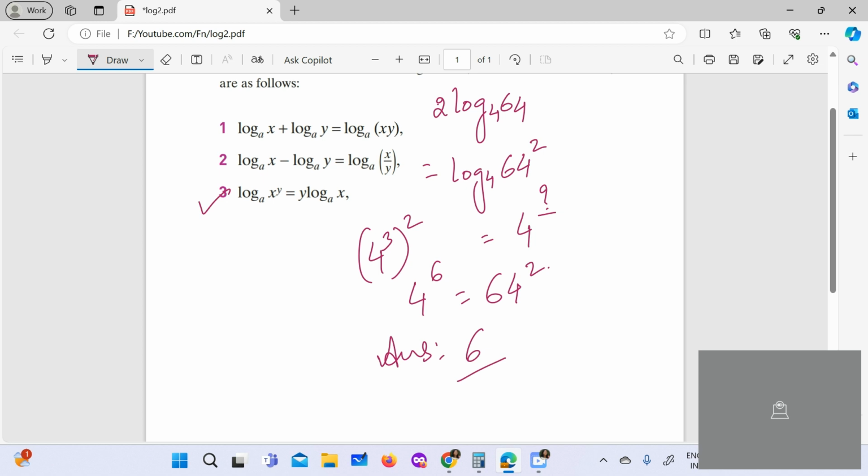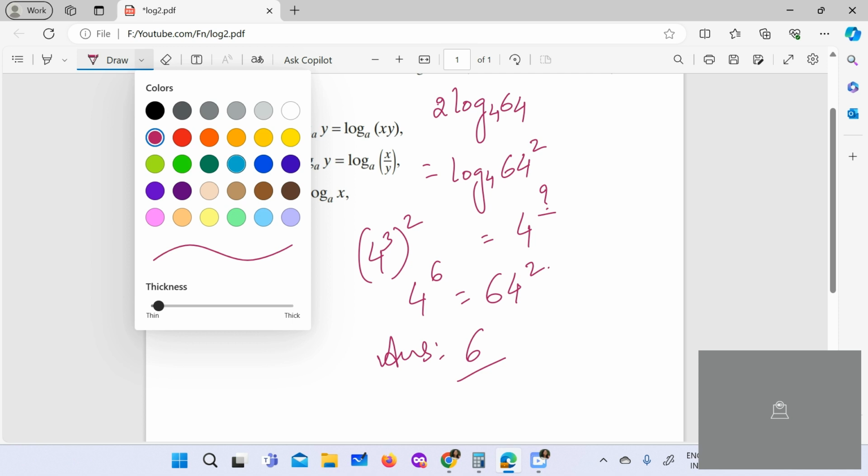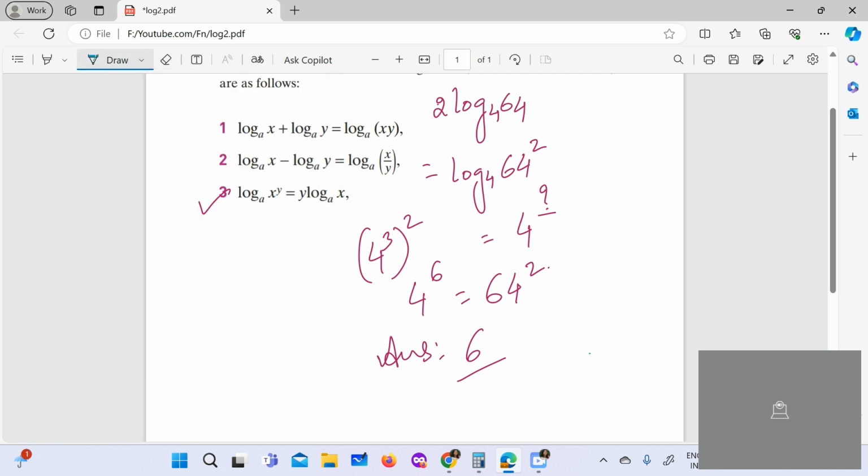Let's see one more question, of a different kind. Suppose you have another question: half log base 10 of 4. Following this rule, I can write it as log base 10 of 4 to the power of half. Am I right?